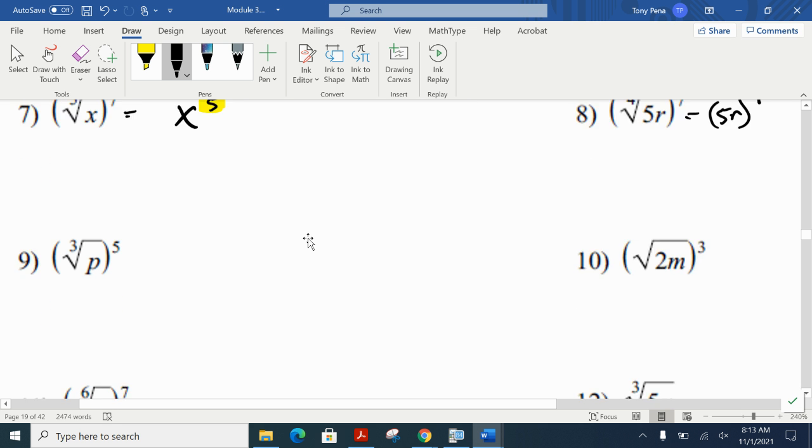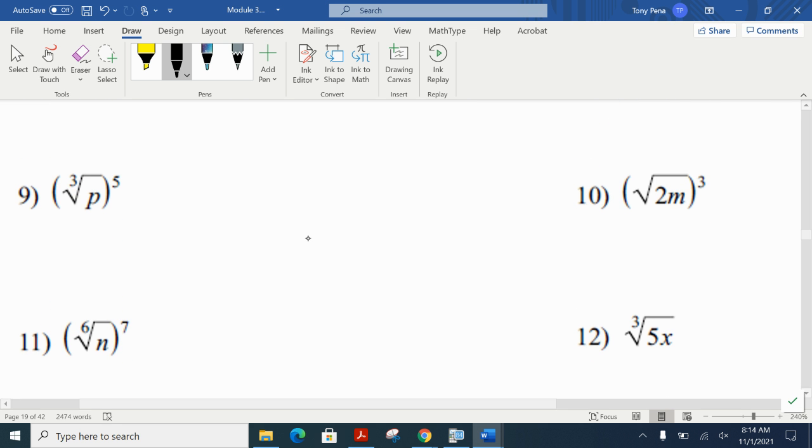All right, number 9, Jada. This would be p, and then what fraction would we have? So this guy, always your denominator. So it's the 5 that's the numerator and the 3 in our denominator. So the index number is always going to be your denominator.